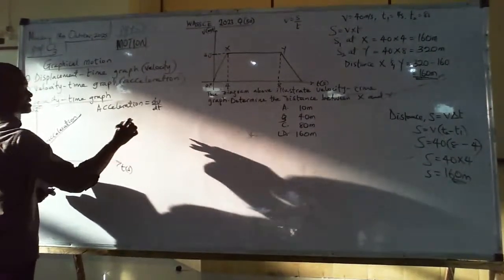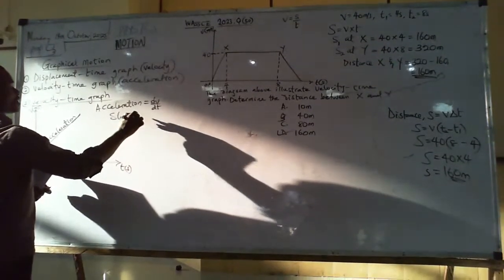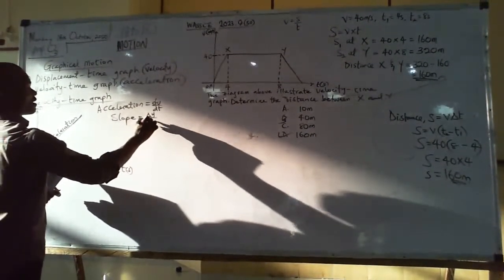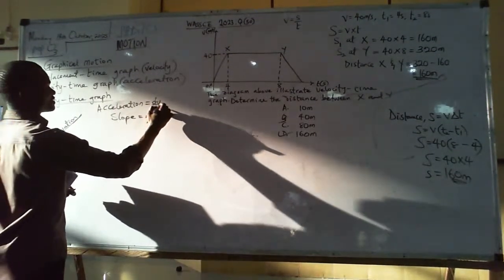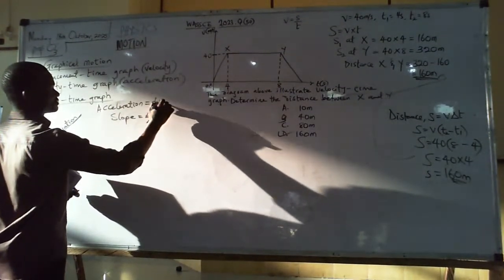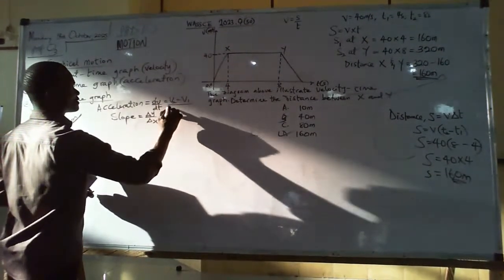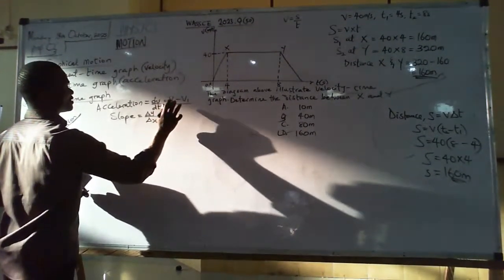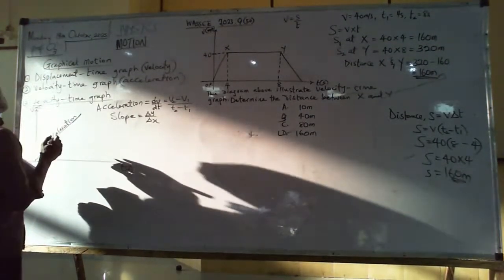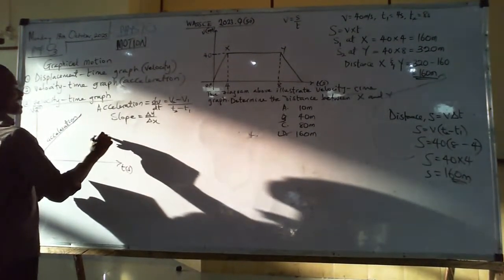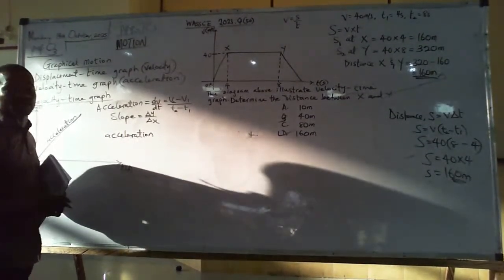As acceleration is dv/dt, the slope is representing dy over what? For example, y is representing velocity, change in velocity, v2 minus v1 over what? t2 minus t1. So do not forget that acceleration can also be obtained from the coordinates of 2 points.